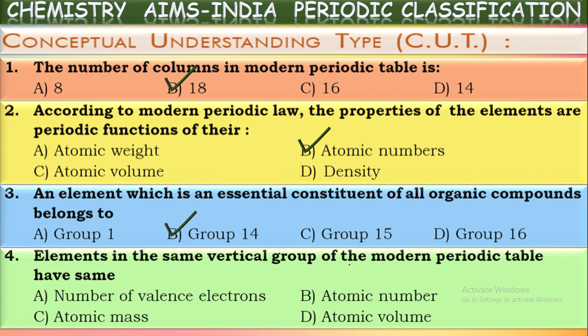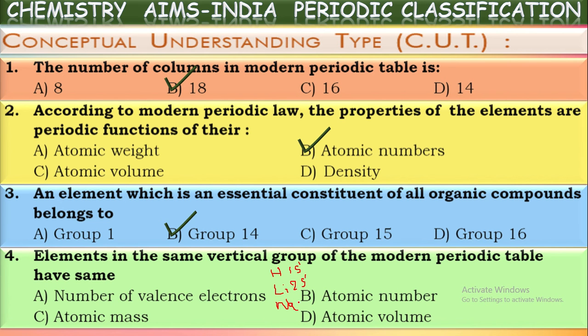For example, if you see the first group elements, hydrogen, lithium, sodium, potassium, rubidium, cesium, francium. If you observe the electron configurations of these elements, all belong to the same group, no? Now you see the electron configuration of hydrogen. It has configuration 1s1. For lithium, it is 1s2, 2s1, with 2s1 in the valence shell.